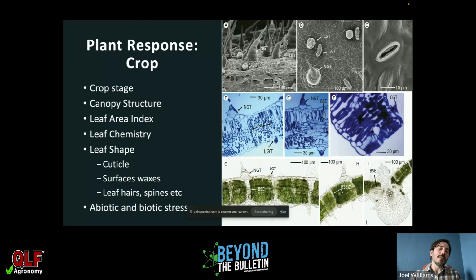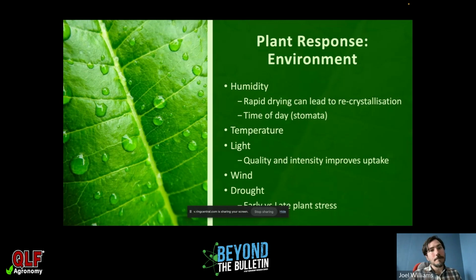And I would also just say that as a general rule, your younger leaves, the tender, fresh new growth, are also generally more responsive than some of the older, more matured leaves. And then the key message from this slide in terms of the environment is the humidity. The humidity and the temperature that couples with that is absolutely a key factor in driving the uptake.